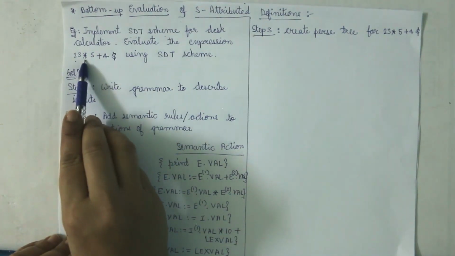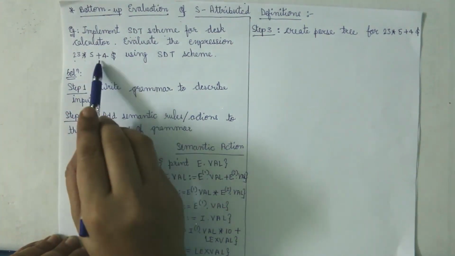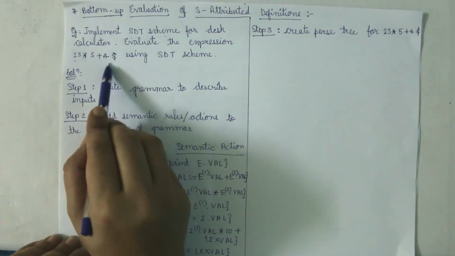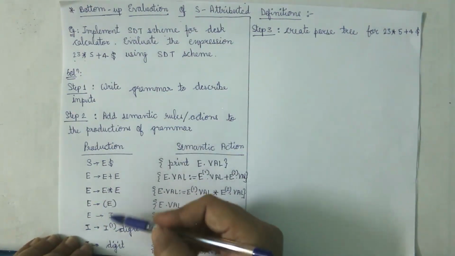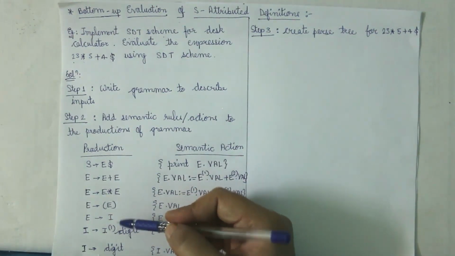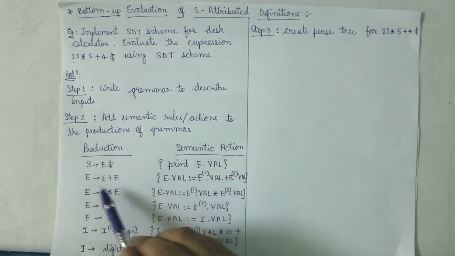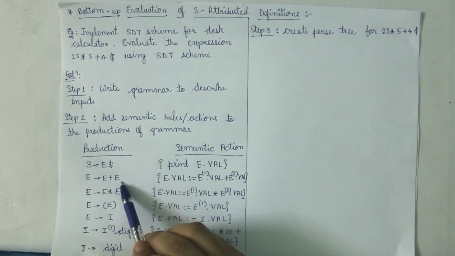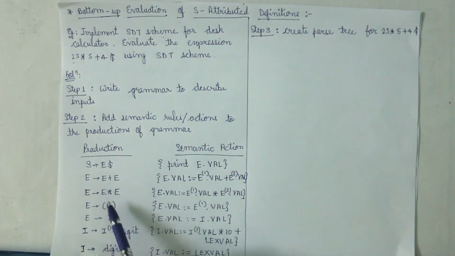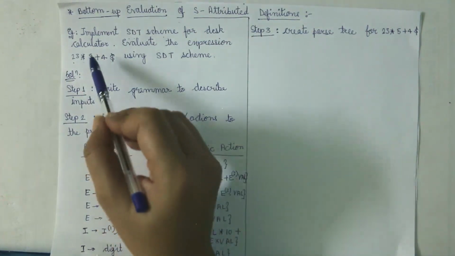Multiplication, addition and numbers are the values that we need to use in our grammar. So this is the production which is listed here. First is addition: if I add two expressions, I get a new expression E. Next is multiplication, which is there in the input.